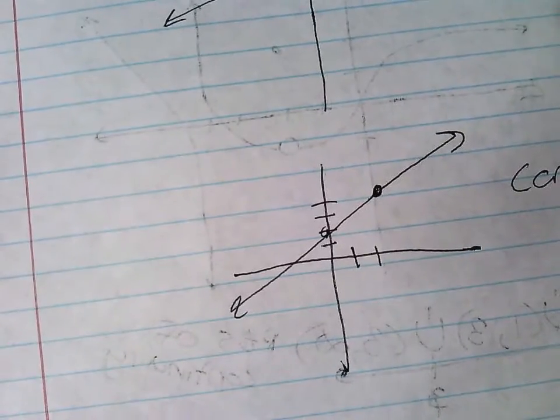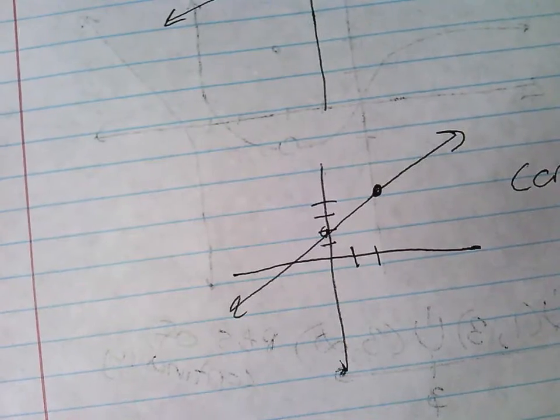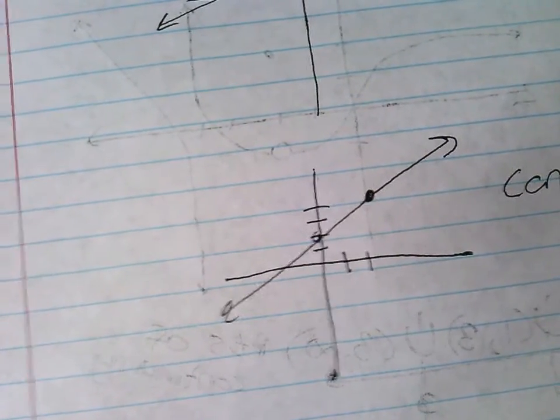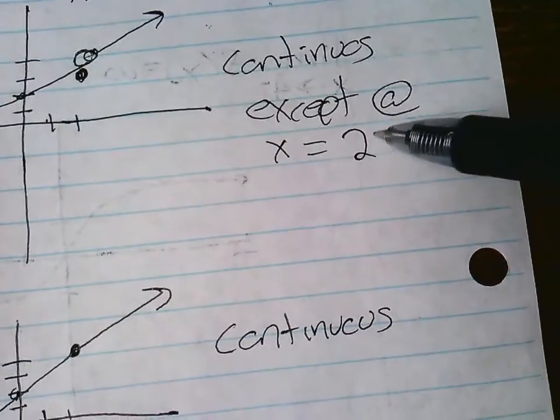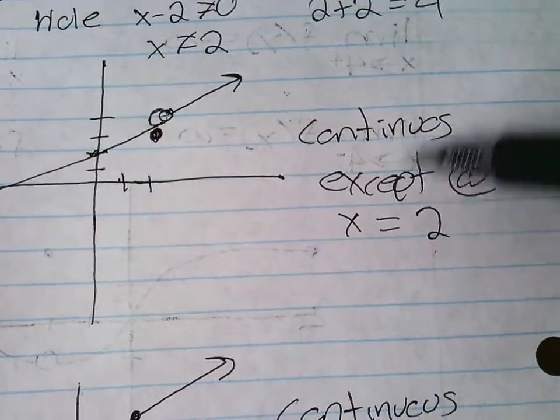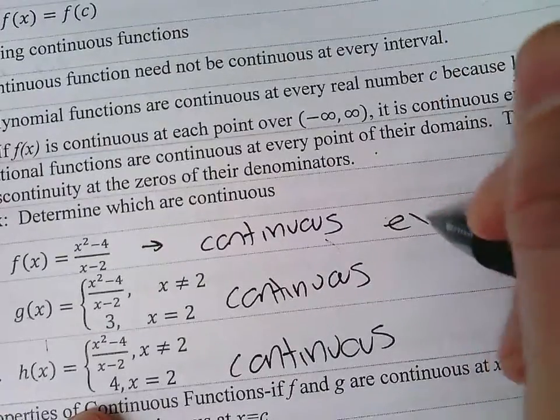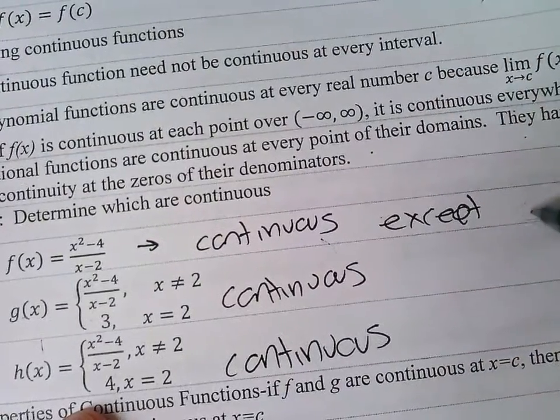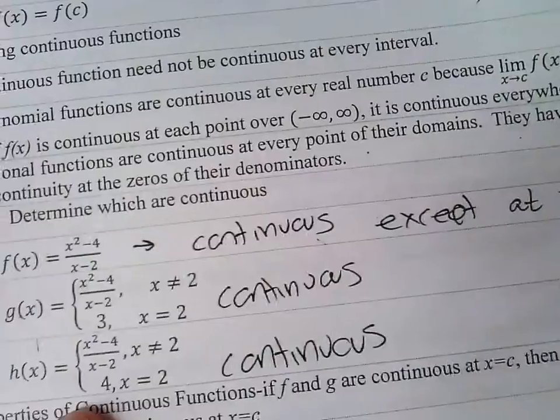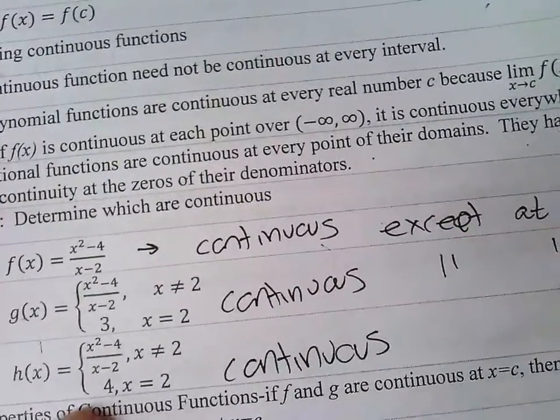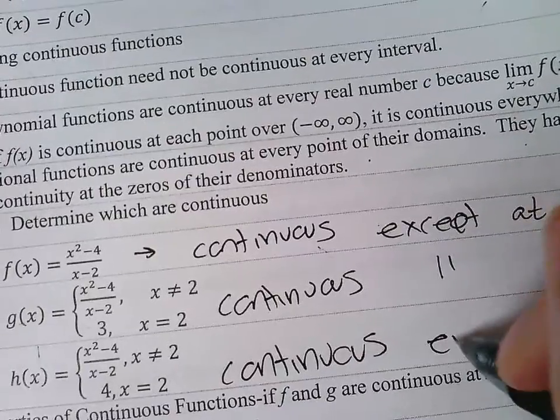So this is continuous except at x equals 2. That was this one. The other one, the same story. So this is continuous except at x equals 2, and this is continuous everywhere.